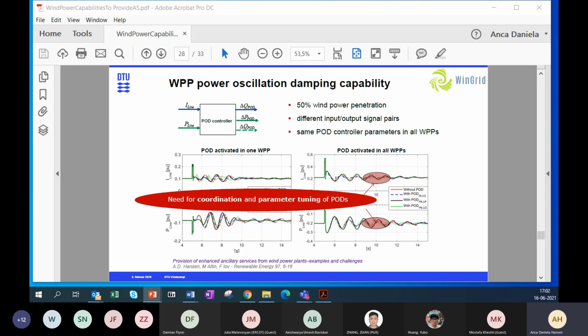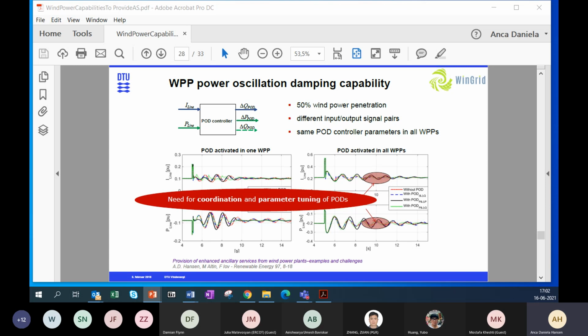And we have looked at different scenarios and configurations here for POD, different input and output signal pairs, different modulating either active or reactive power. And we have assumed that the PODs in all the wind power plants had the same control parameters. This is a strong assumption, and maybe this is not the case in reality.